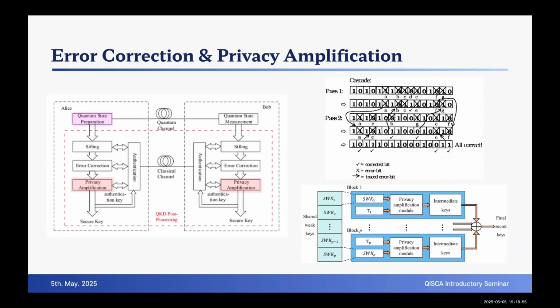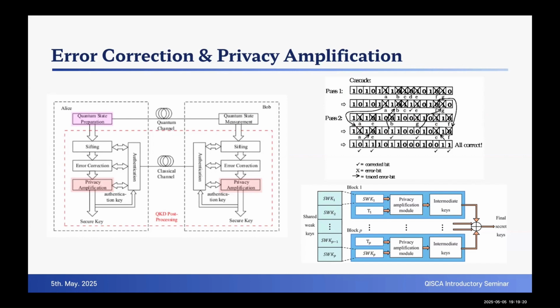One commonly used method is called Cascade. In Cascade, the key is divided into blocks, and Alice and Bob compare the parity of each block to identify and correct errors. These error correction techniques are classical, just like in conventional communication systems. But even after error correction, some information may still be leaked to Eve.